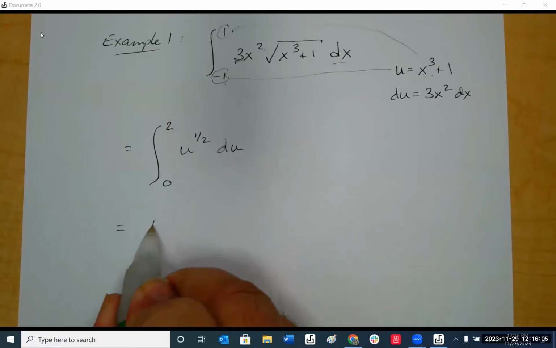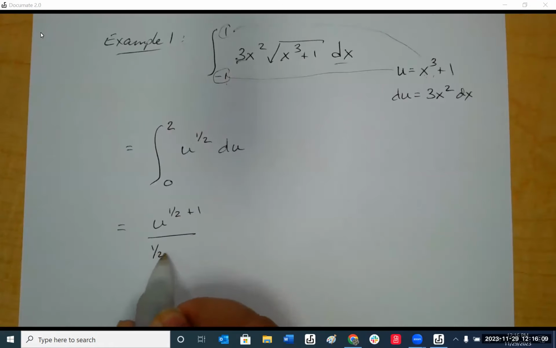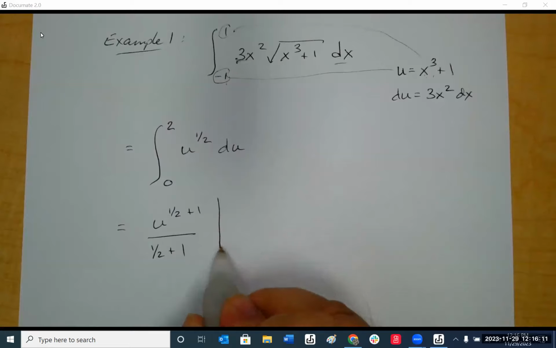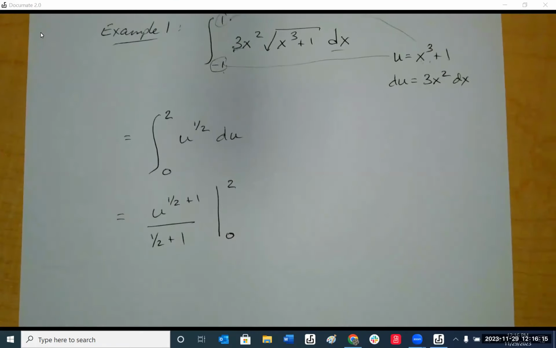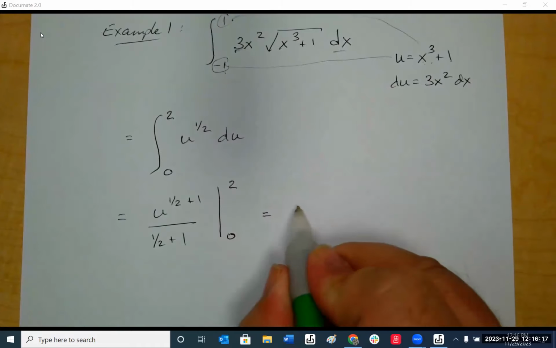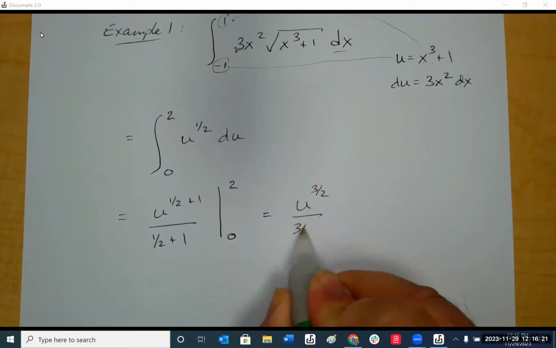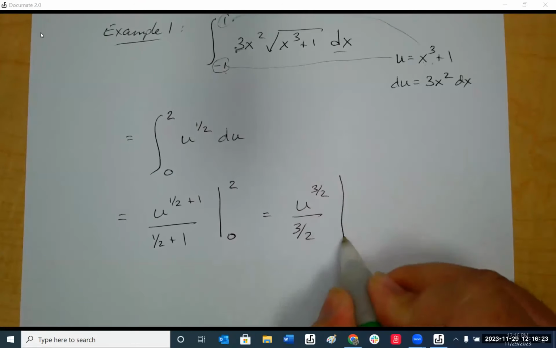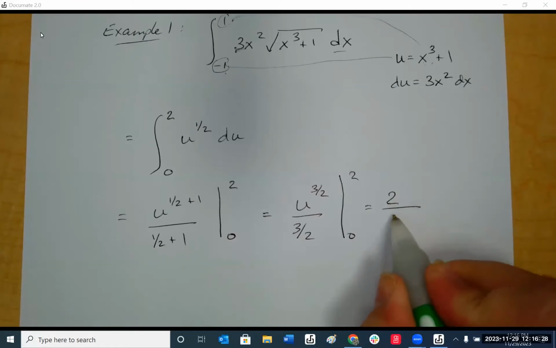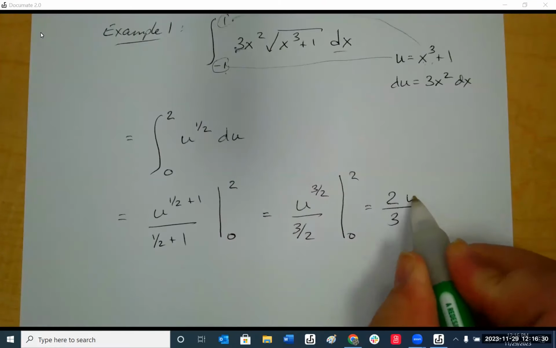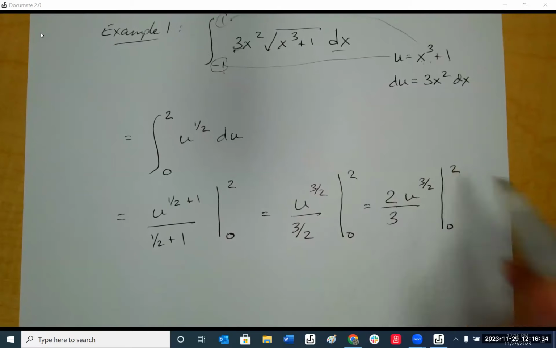So now I integrate, 1/2 plus 1, from 0 to 2, which is 2/3 u to the 3/2 from 0 to 2.